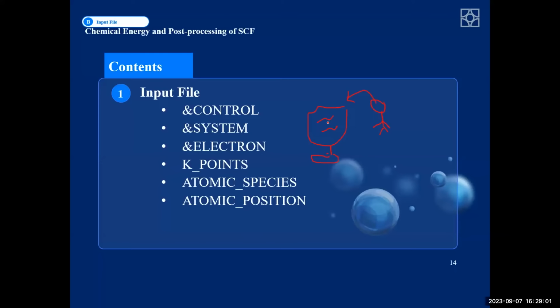To deal with this, we use a protocol known as the input file. The input file is a script that talks to your computer, transferring your calculation needs into a language or tags that Quantum Espresso, the DFT code, finally understands, okay?